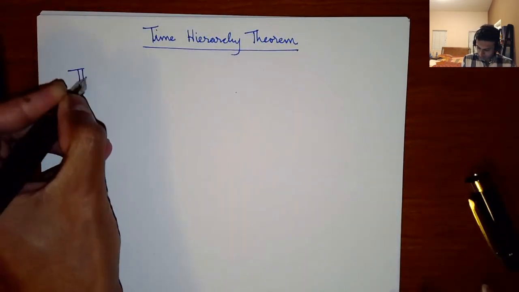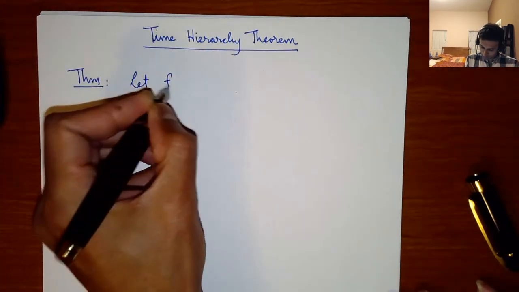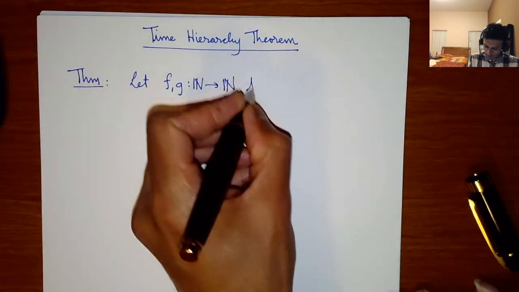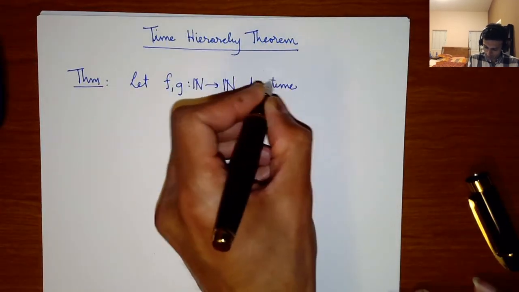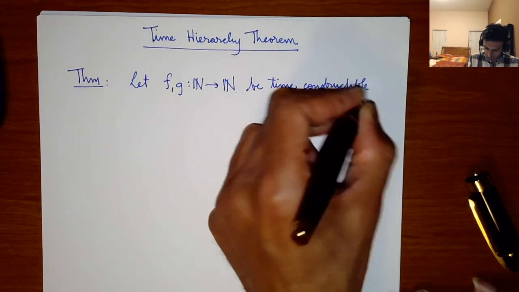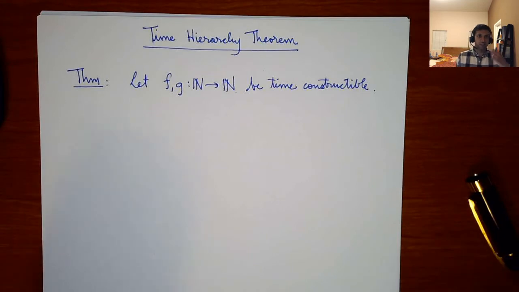So the time hierarchy theorem says, let f and g be time constructible. Again, this is a technical condition just saying that f(n) can actually be computed by a Turing machine.